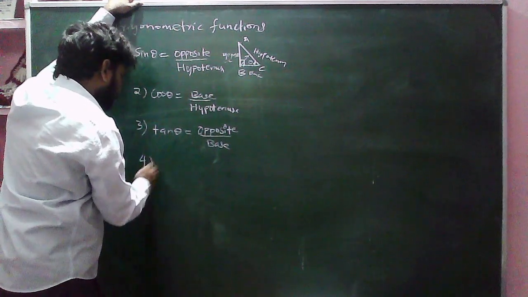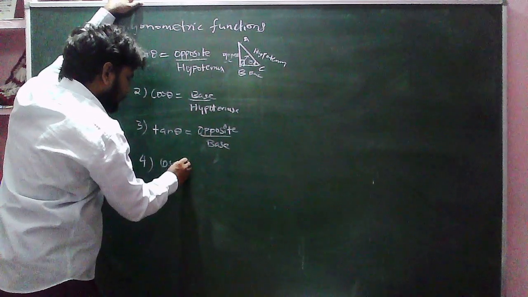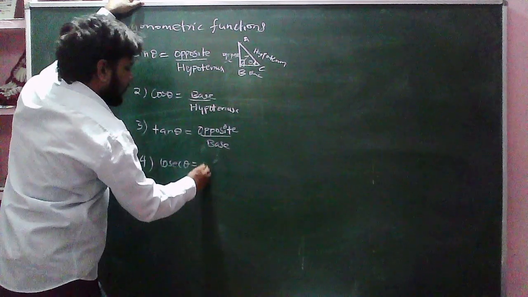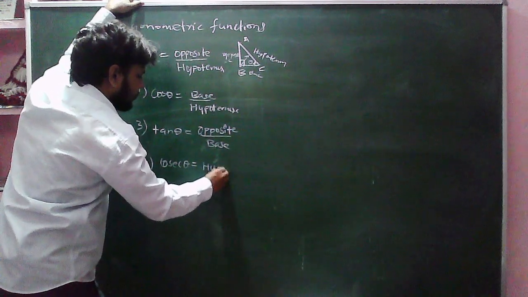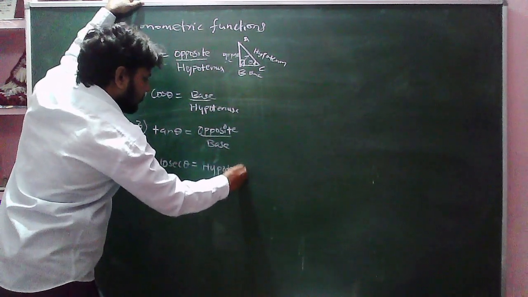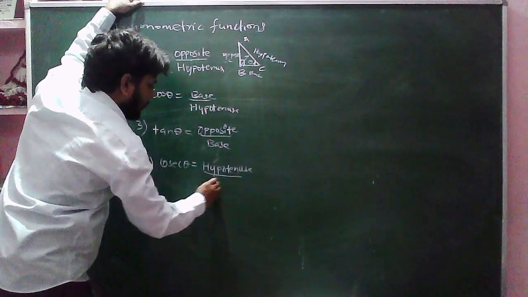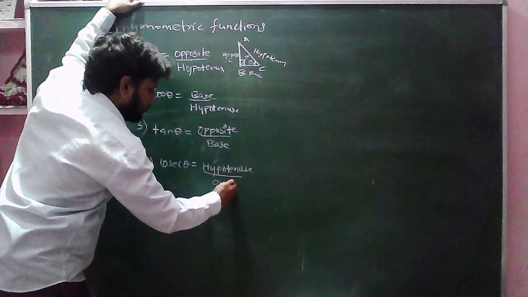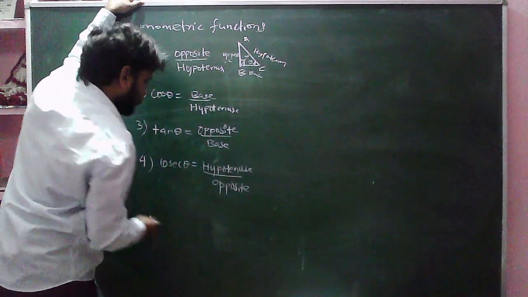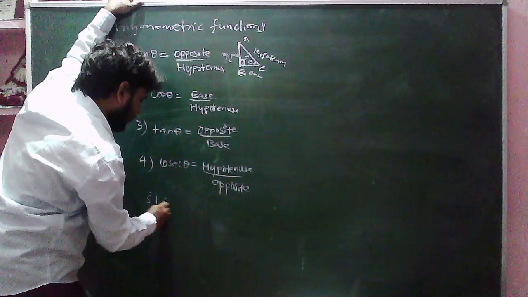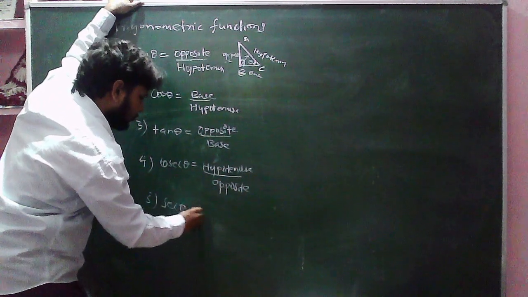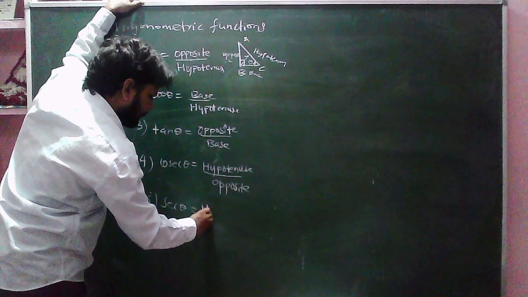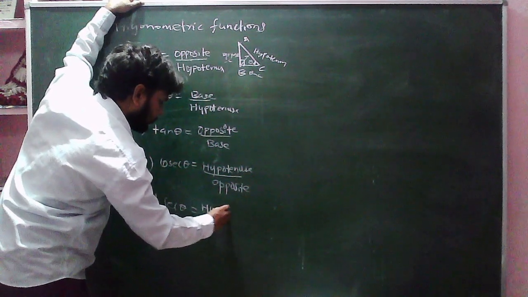And fourth, cosec theta is equal to hypotenuse by opposite side. And we have sec theta is equal to hypotenuse by base.